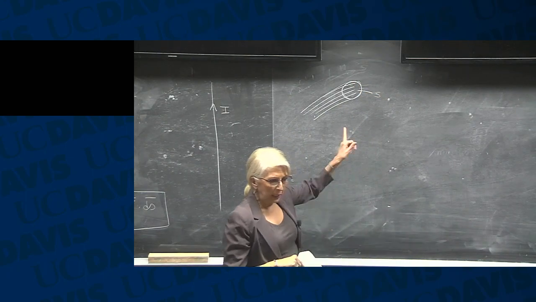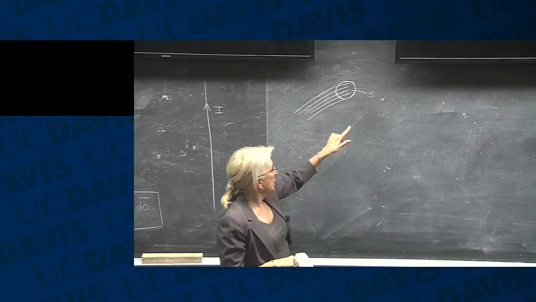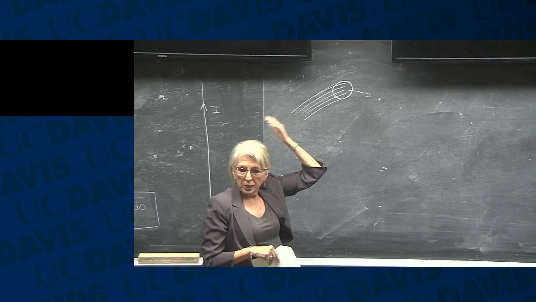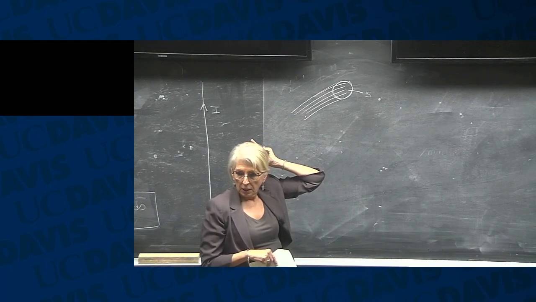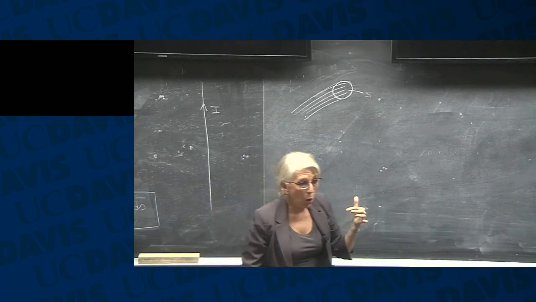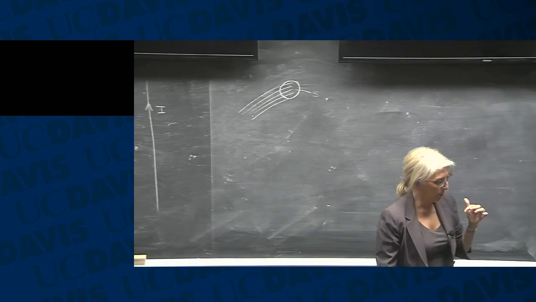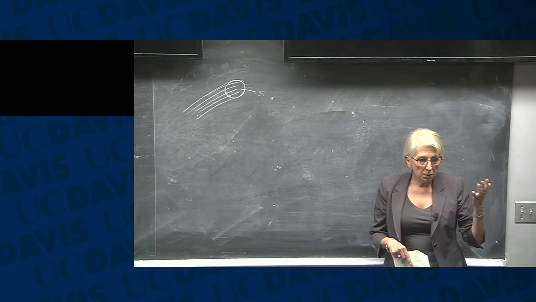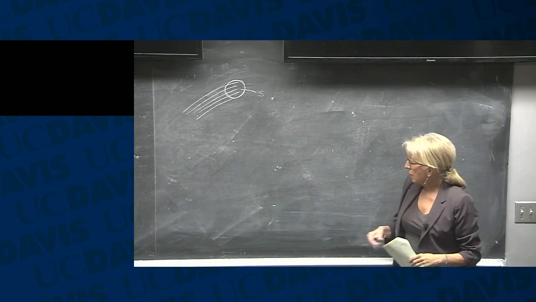Did I really have to force myself to use only the cross-section of the wire? Could I use a different surface? I mean, does Stokes' theorem force me to use only the cross-section of the wire? No. All right? Stokes' theorem is very general.